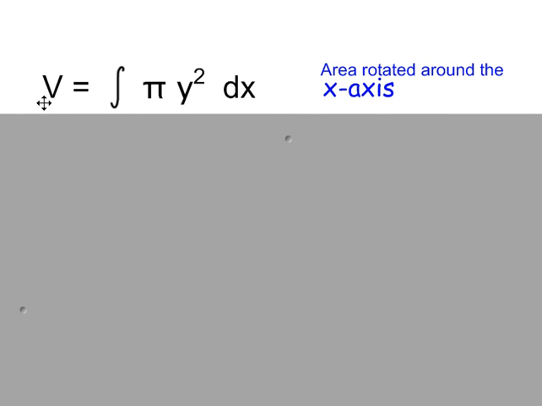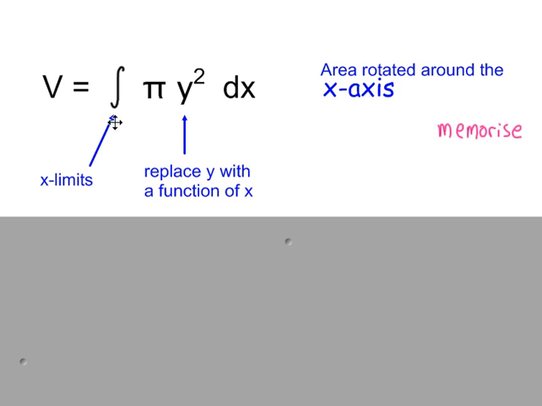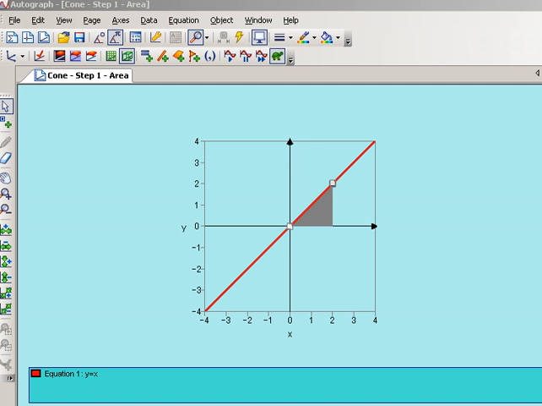Now this is the standard formula for rotating an area around the x-axis. So pi y squared dx. The limits here will be the values from the x-axis. So from my example here, the limits would have been x is equal to 0 and x is equal to 2.